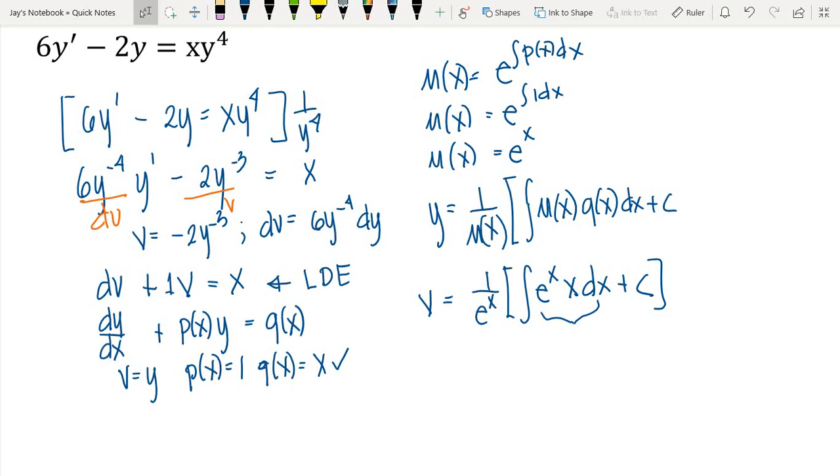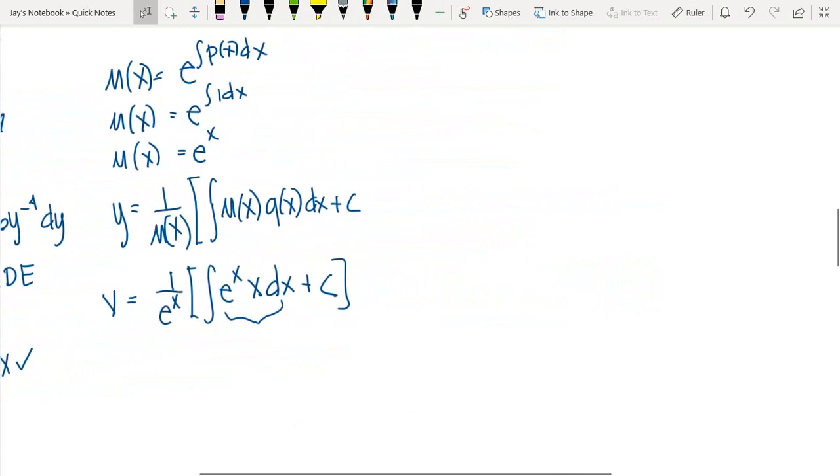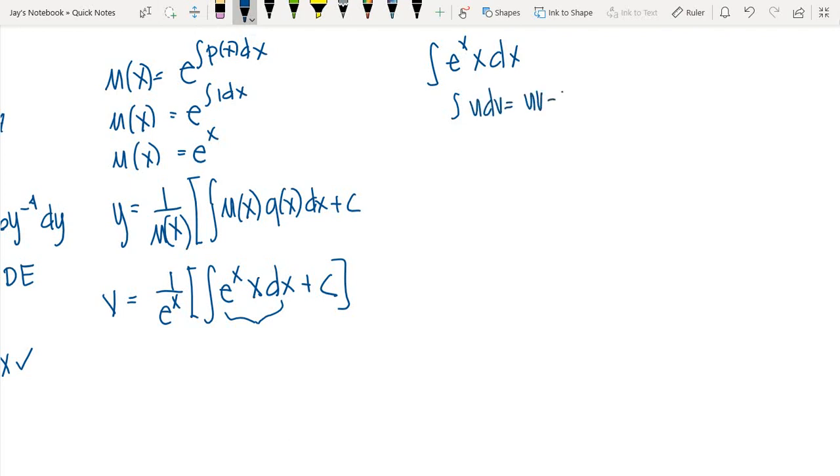The rule of by parts says the integral of u dv is equal to uv minus the integral of v du.